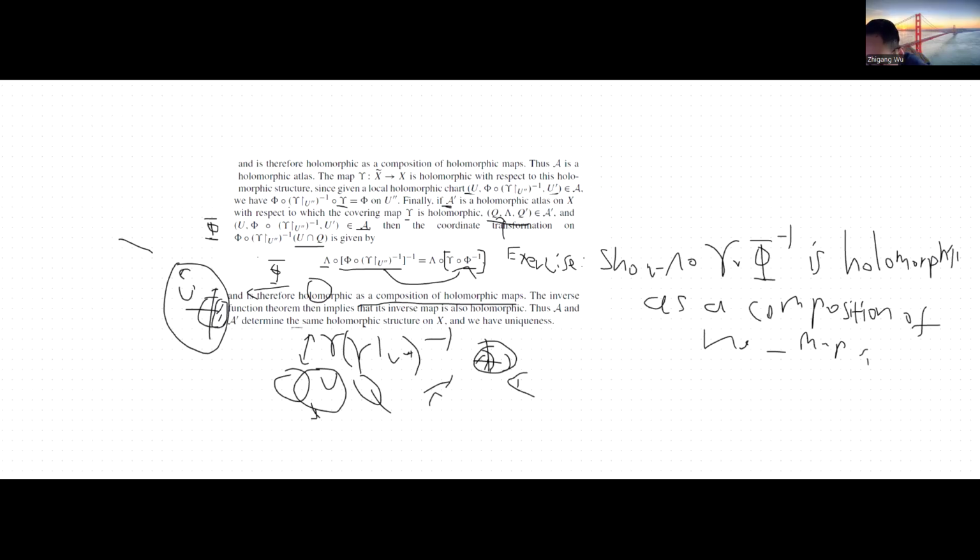So then, let me just wipe out a little. Then the inverse function theorem implies that its inverse map is also holomorphic, because it is clearly an injective map, a bijection.